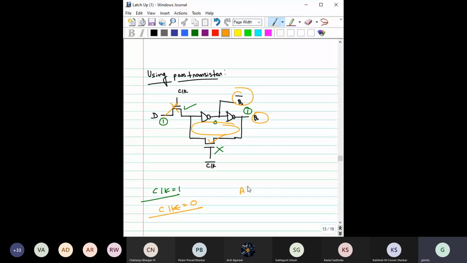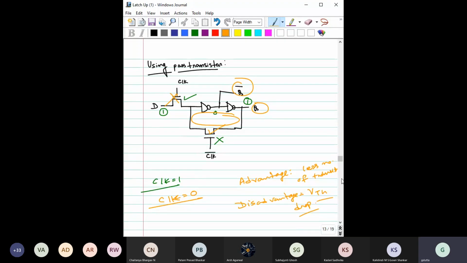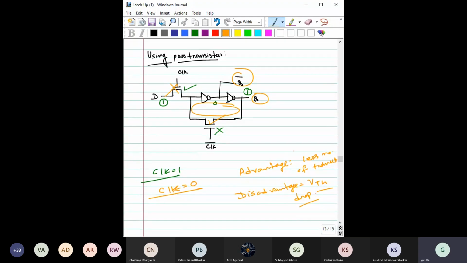But what is the disadvantage? The advantage is fewer transistors. What is the disadvantage? The disadvantage is this VTH drop. But the question is, say there is a VTH drop, but so what?